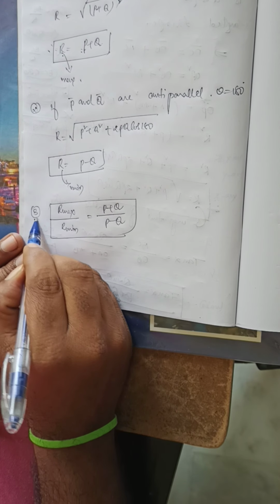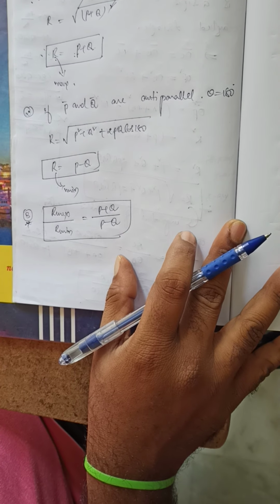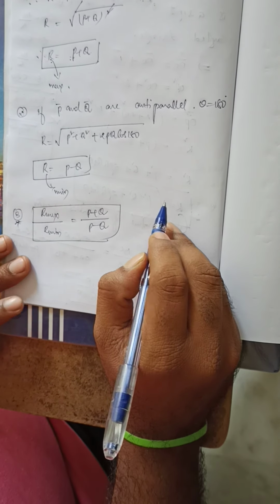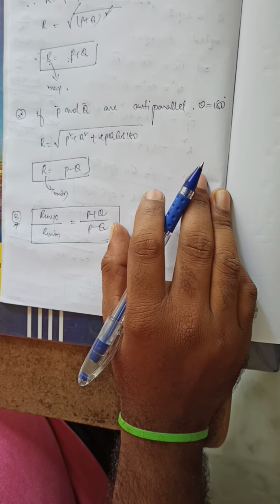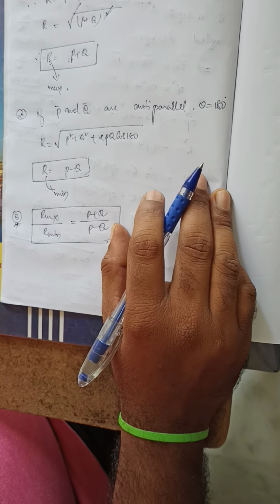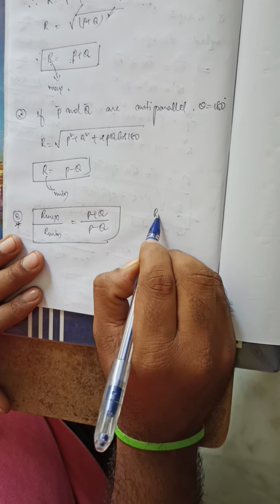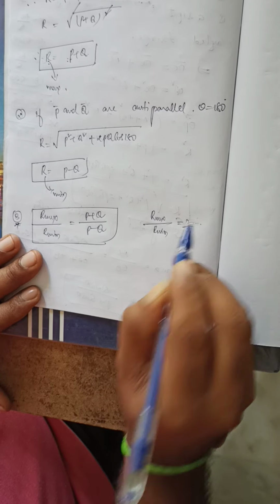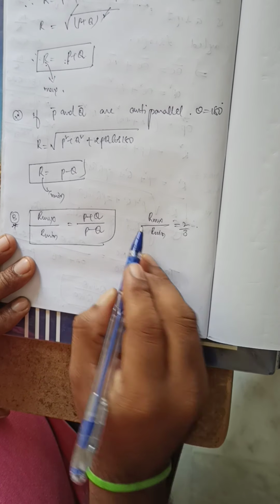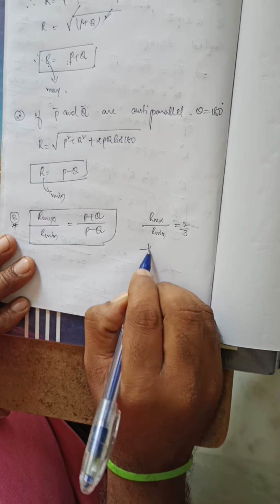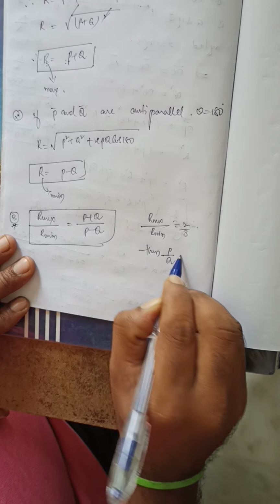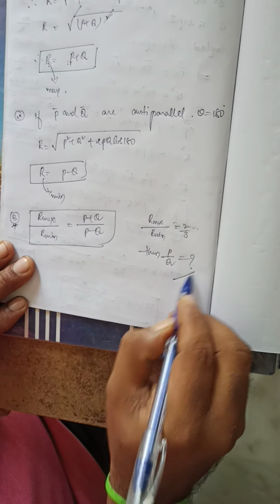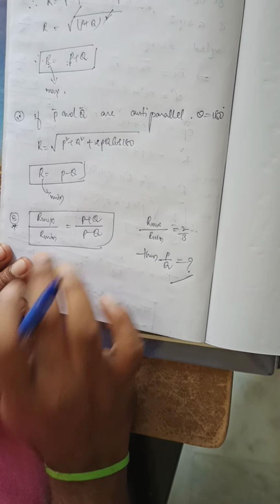So on this formula, one problem will be asked in such a way that if the ratio of maximum and minimum value of two vectors is given as r max by r min equal to 2 by 3, then what is the ratio of p by q? Just substitute in this equation, then we will get the p by q value. So this is the way to ask the question on this formula.